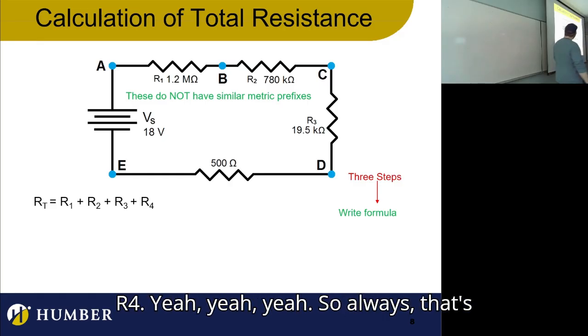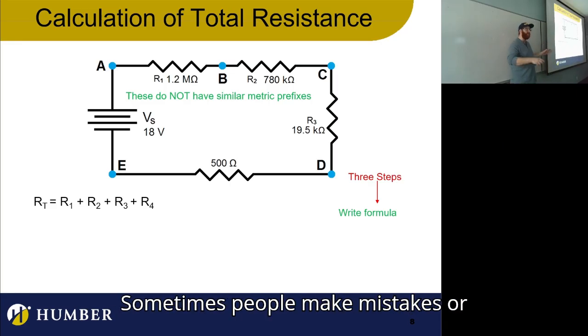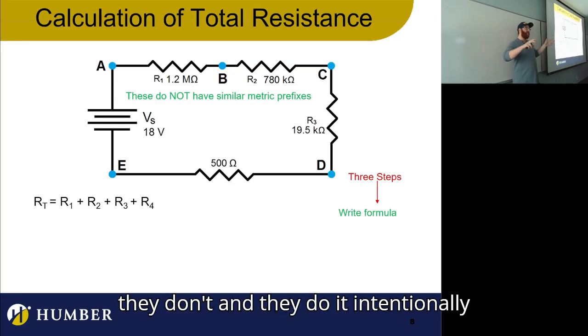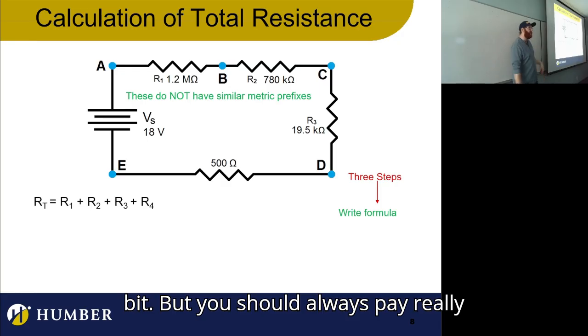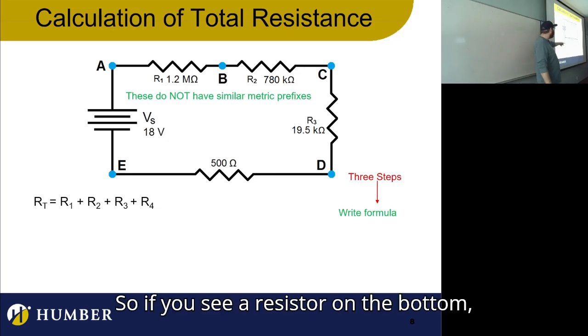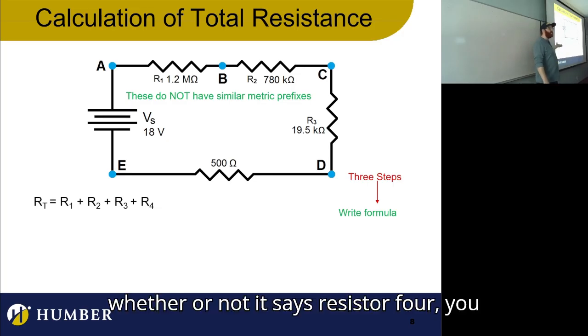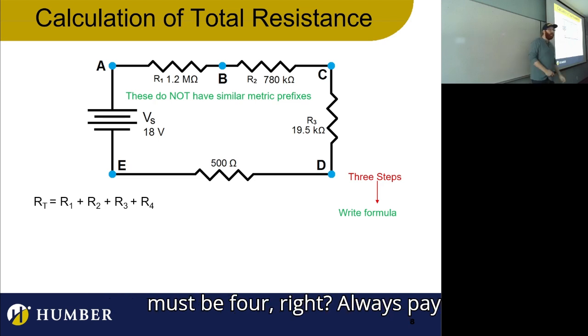All right, so plus R4. Yeah. So always, that's one really important thing to notice. Sometimes people make mistakes, or they do it intentionally to throw you off a little bit. But you should always pay really close attention to the actual circuit. So if you see a resistor on the bottom, whether or not it says resistor 4, you can go through, see 1, 2, 3, that must be 4, right?